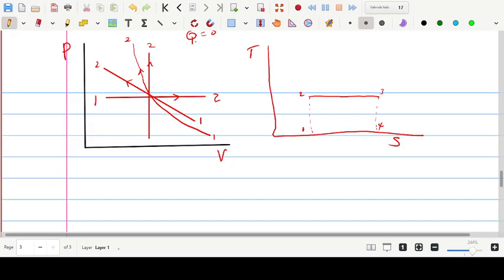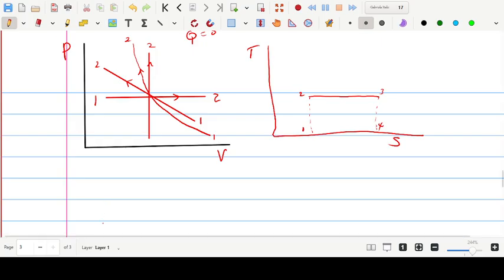For an isolated system, number 1, mass is not transferred, and secondly, there is no heat and there is no work across the boundary. So that's an isolated system. Now, an adiabatic system is like an isolated system because your Q is equal to 0. Is that taken?